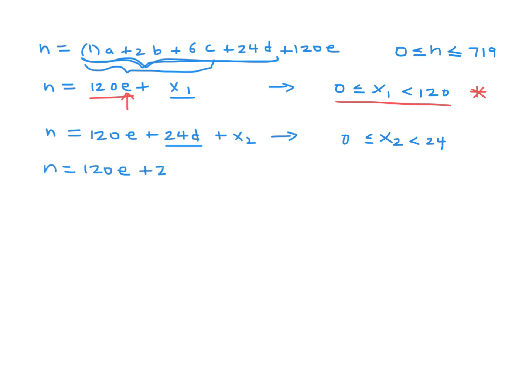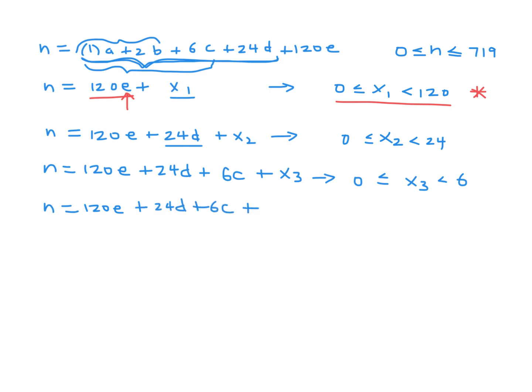And then I think you can see where I'm going with this. The next one would be 6c plus x3, where x3 represents these two guys. And x3 has got to be less than 6. Keep going. 120e plus 24d plus 6c plus x4. No, we've got to give one more term here: 2b plus x4.